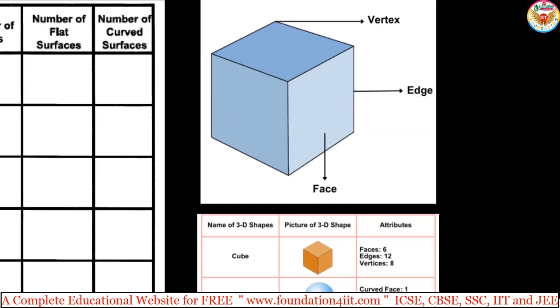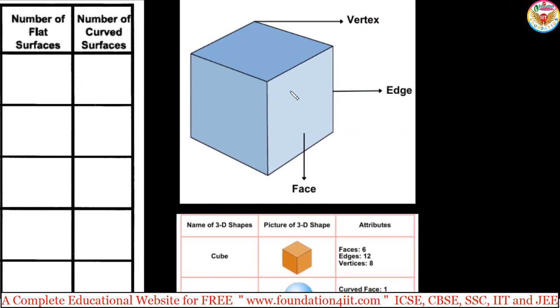For example, if you take one of the shapes, this is the cube. In this cube, at the back we can also make this cross. If you observe the corner, where two edges are coinciding, this is the vertex.